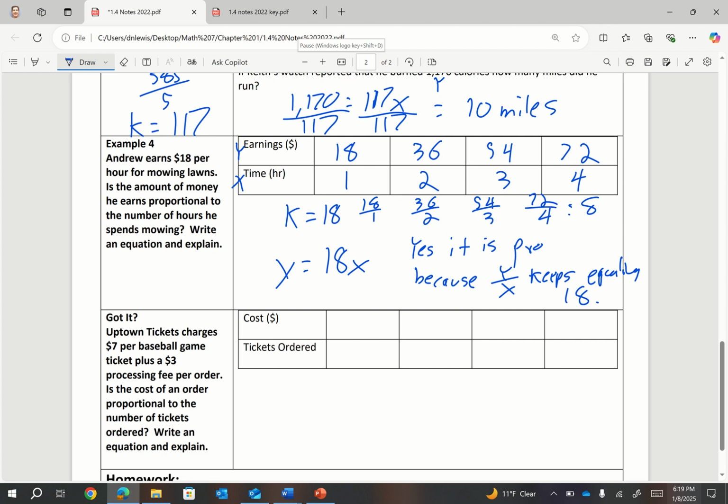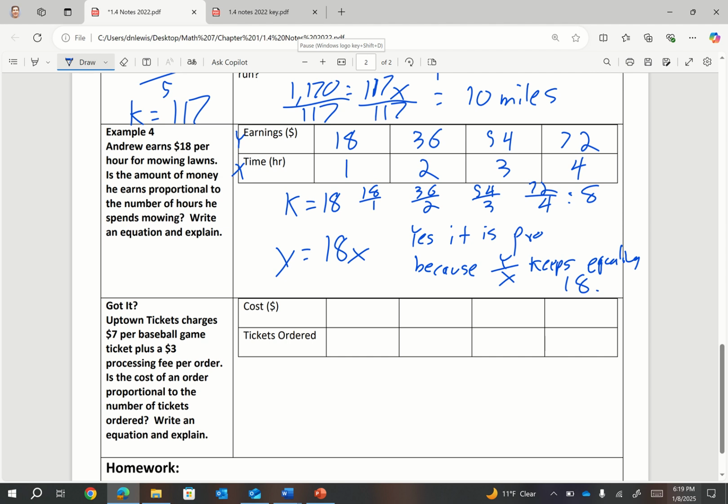Okay, this one is a little bit different. Let's read it. Uptown Tickets charges $7 per baseball game ticket plus a $3 processing fee per order. Is the cost of an order proportional to the number of tickets ordered? Write an equation and explain. Okay, so again, this time I'm actually going to make cost our y and tickets ordered our x.